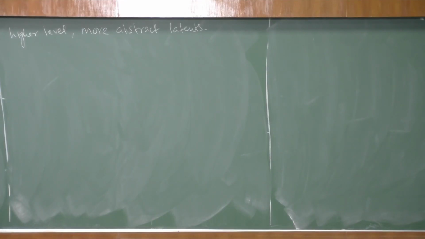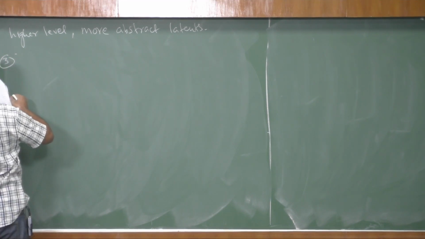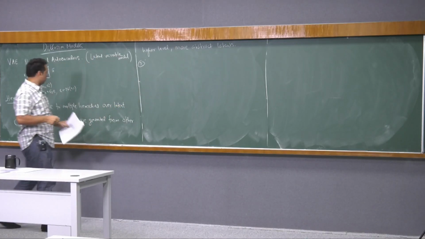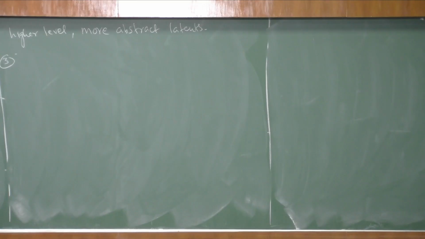So we can consider this as a most generic form of the hierarchy, when we allow each of the latent variables to be conditioned on all previous ones. So ZT is conditioned on all previous ZT minus 1, ZT minus 2, and so on. So that's like the most generic form.